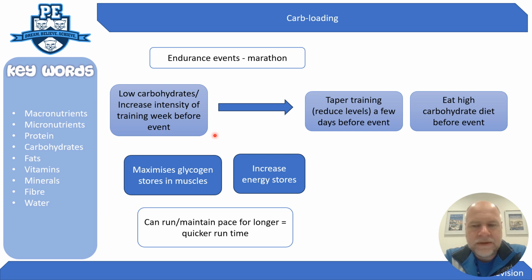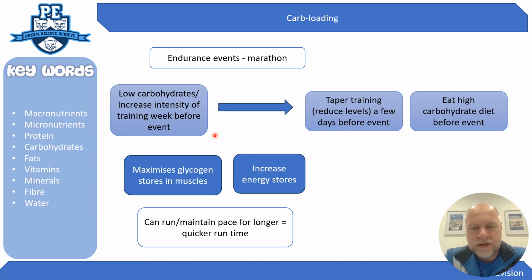So if it's a marathon, the week before the marathon, you would increase your intensity of training, but you would reduce the amount of carbohydrates your body is taking in. This essentially will trick your body into thinking there'll be a lack of carbohydrates coming, and when the carbohydrates do come in, your body will snatch all of them up and keep them in the muscles stored for energy.